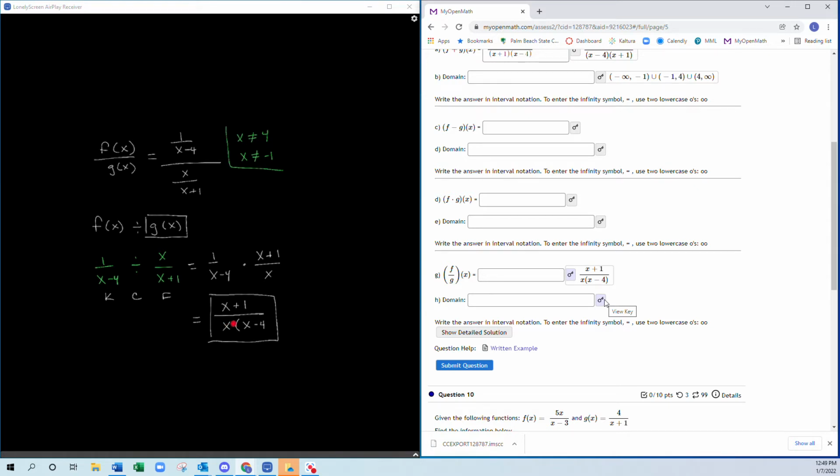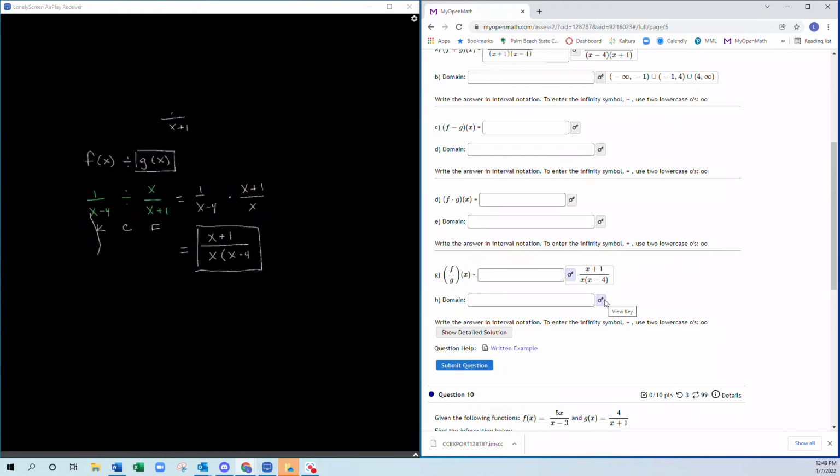Because there's another term in the denominator, that x also cannot equal 0. So I'm adding that to my domain for this question. So my final domain is x cannot equal 0, x cannot equal -1, and x cannot equal 4.